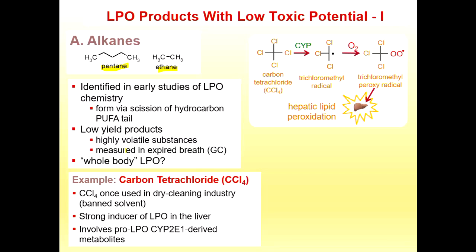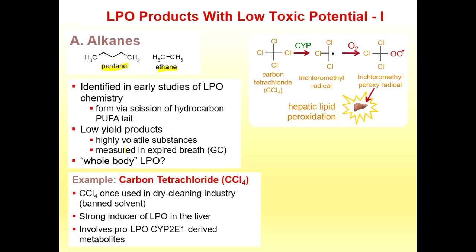Now, I mentioned earlier that one of the chemicals that's had a lot of impact in the lipid peroxidation field is carbon tetrachloride, and there's an enormous amount of research on this molecule. It's often used as a tool to induce selective lipid peroxidation in the liver.